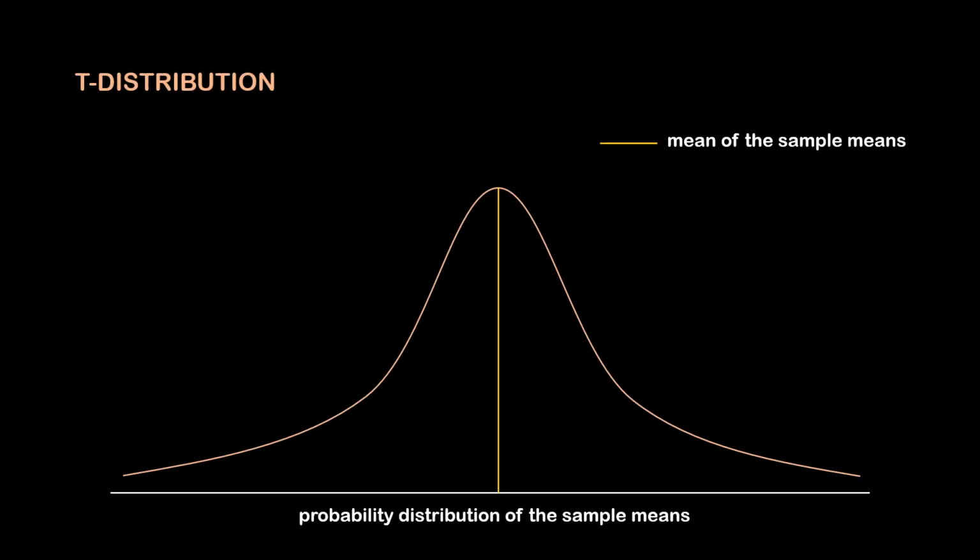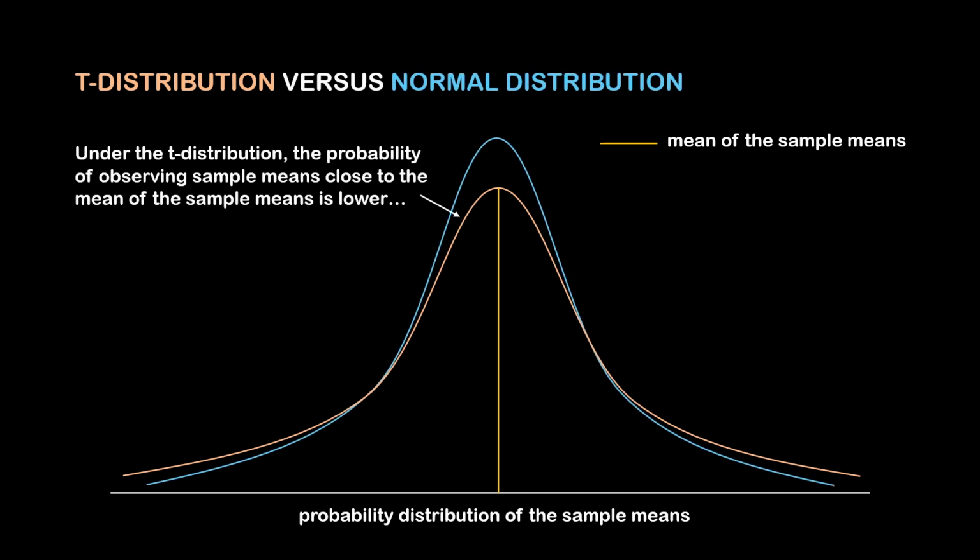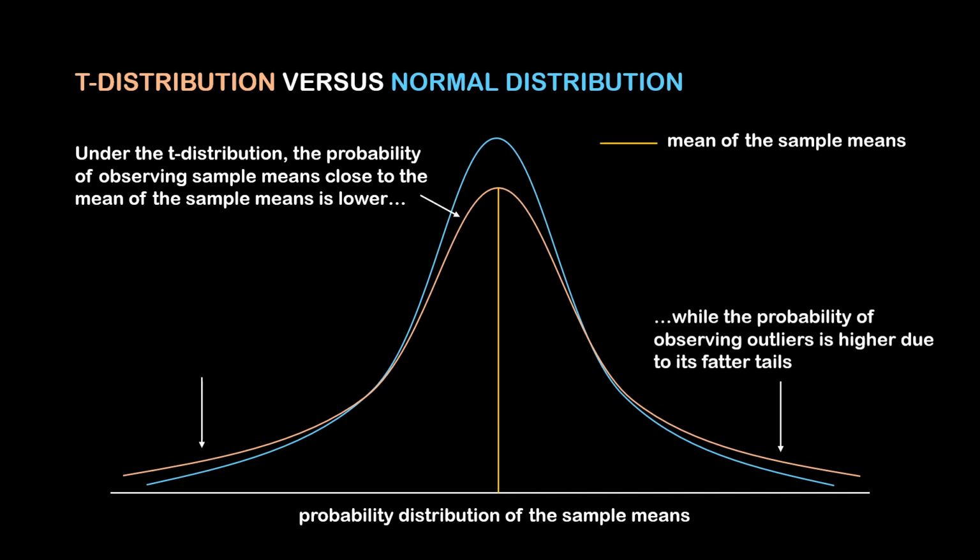If we compare the t-distribution to the normal distribution, under the t-distribution, the probability of observing sample means that are close to the mean of the sample means is lower, while the probability of observing outliers is higher due to its fatter tails. Of course, the t-distribution remains symmetric, but the percentage of sample means falling between, let's say, -2 and +2 standard errors from the mean of the sample means is going to be different than the percentage we get with the normal distribution.